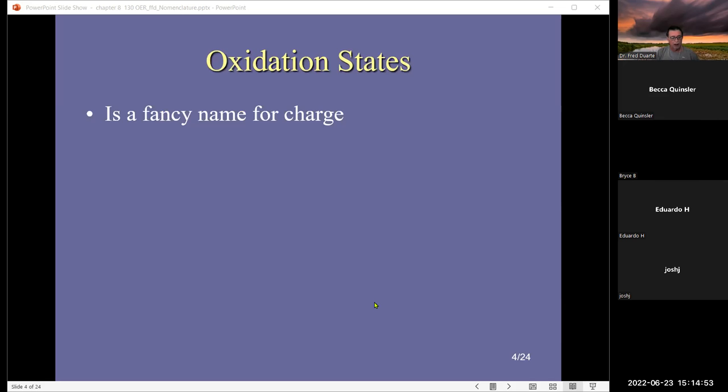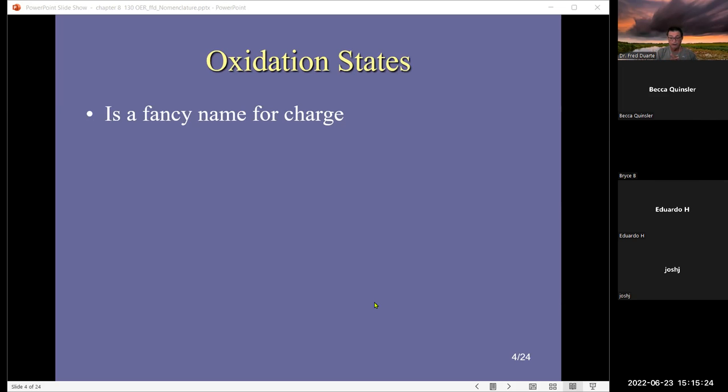Now, I've been using the term, the charge on this atom and the charge on that. I'm going to start switching over to the term oxidation state. And let me explain why. When we deal with ionic compounds, the charge is pretty straightforward because they literally do have a charge. You have a full positive or full negative, okay? When it comes to covalent compounds, we don't have a full charge. We have a partial charge.